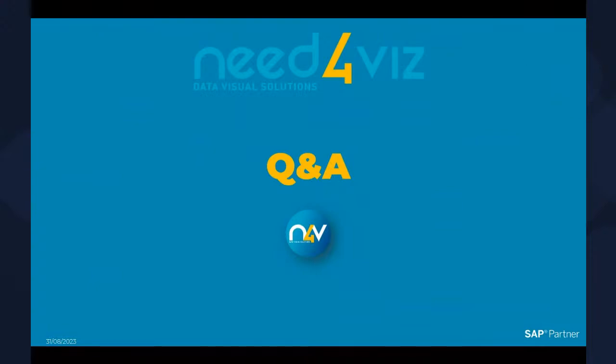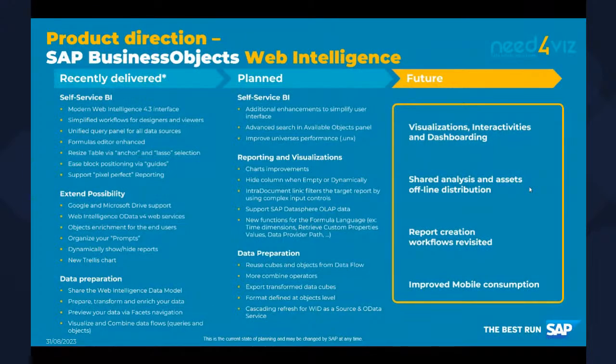Last but not least, we have the BI 2025, which is planned in December 2024, and this will be the next major release for all of you. Which means that after the BI 4.3, we will have a next major release, which we already have the name, SAP Business Objects BI 2025, planned December 2024.